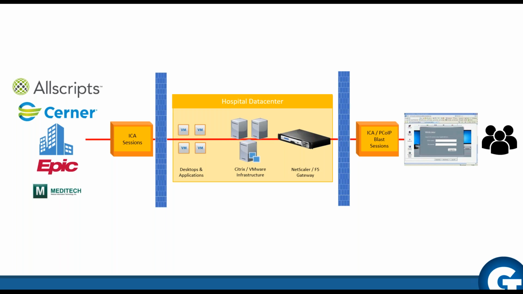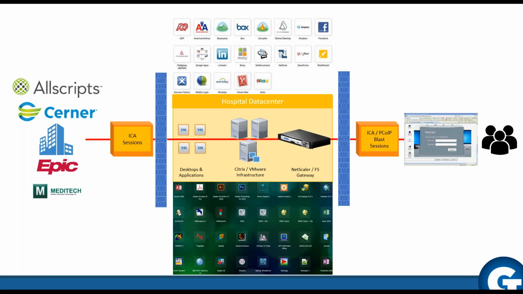It's further complicated by the fact that this is not all they're delivering. This same delivery infrastructure is also responsible for delivering a host of other business, healthcare, or IT applications to end users. We were talking to a Meditech hospital CIO who said they are delivering over 500 applications via their VDI to their users.